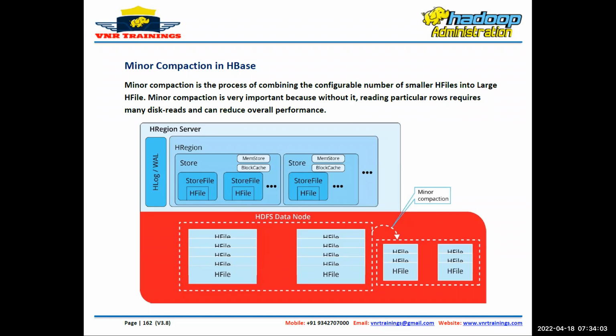Minor compaction is very important because if you don't do it, you will have a lot of small files, which may require too many reads from disk, which will slow down your overall performance. That is the reason minor compaction is mandatory and it is an automatic process.